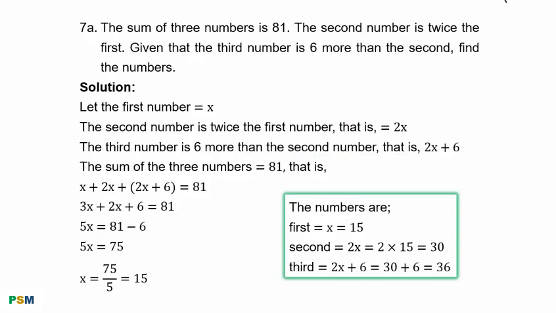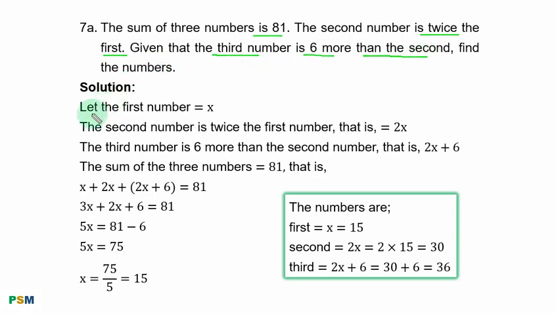Question 7a. The sum of 3 numbers is 81. The second number is twice the first. Given that the third number is 6 more than the second, find the numbers. Solution.